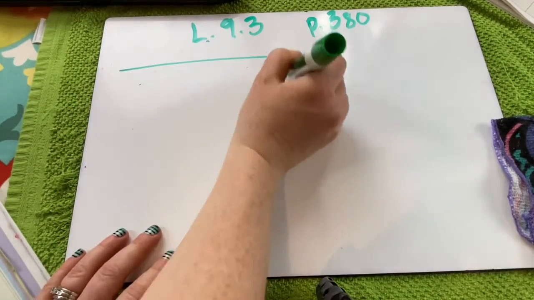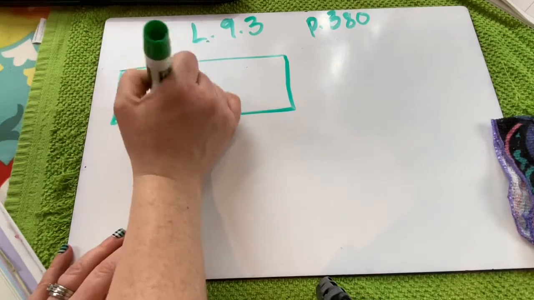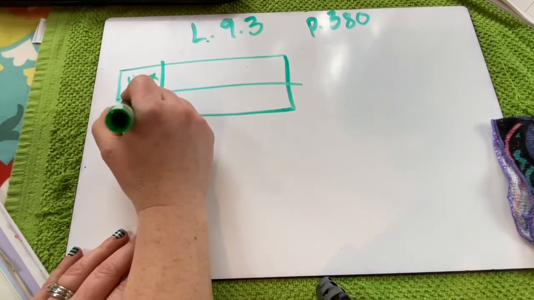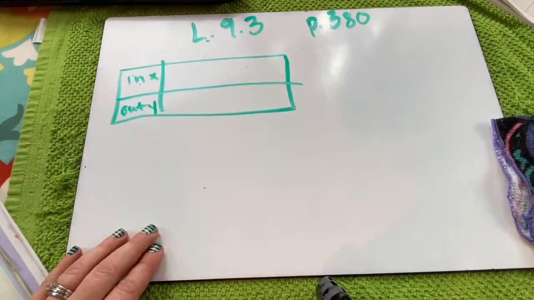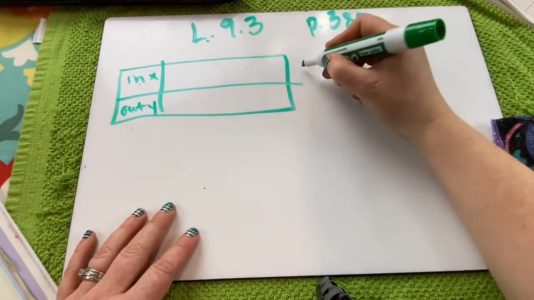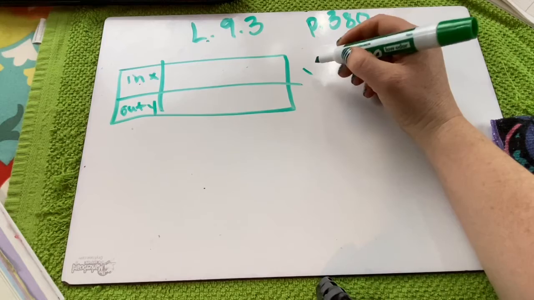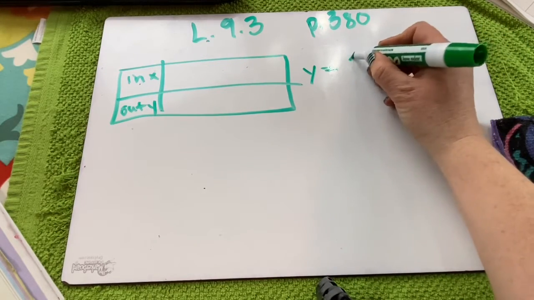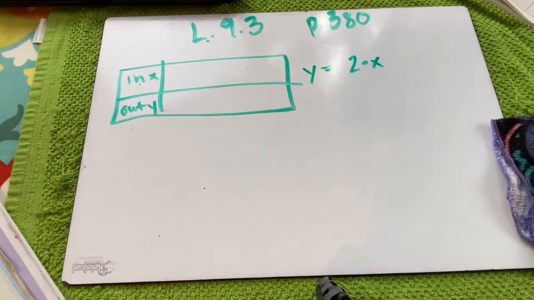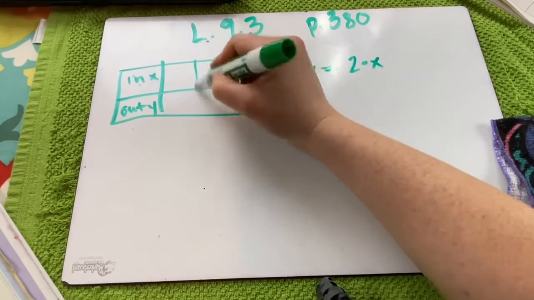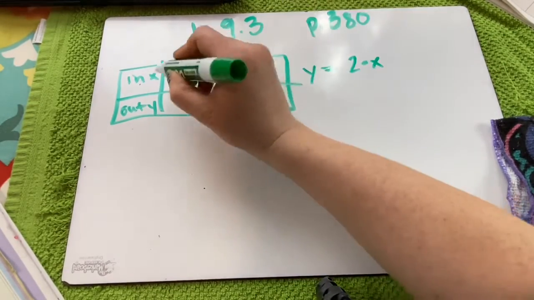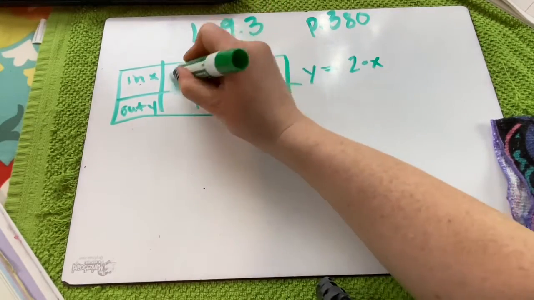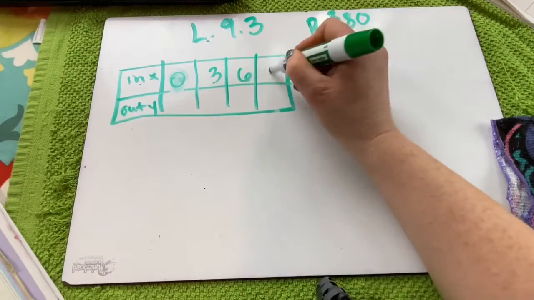Okay, so you get your box, right? We have your in, which is your x, and your out, which is your y. And they gave us this equation. On B, it says the output, y, is twice the number of the input. So 2 times x. Okay. They have 0, 3, 6, 9.